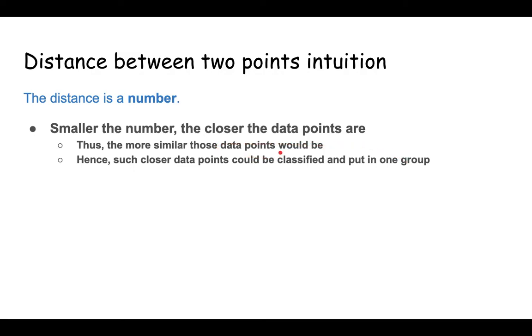And this we already talked about, the smaller the number, the closer those data points are, and therefore it would help us classify those data points together if they are closer together.